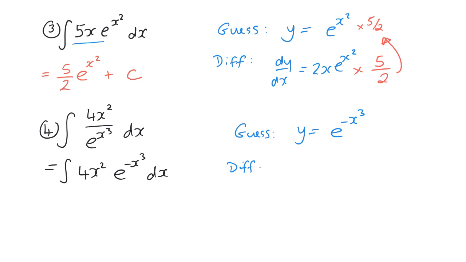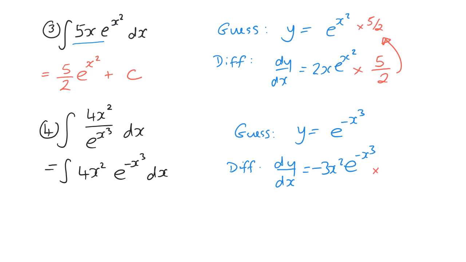So when we differentiate, we get e to the minus x cubed, then differentiate the power, we would get minus 3x squared. So that's nearly what we have, but we don't have a 3, and it's not a minus, and we'll have a 4.